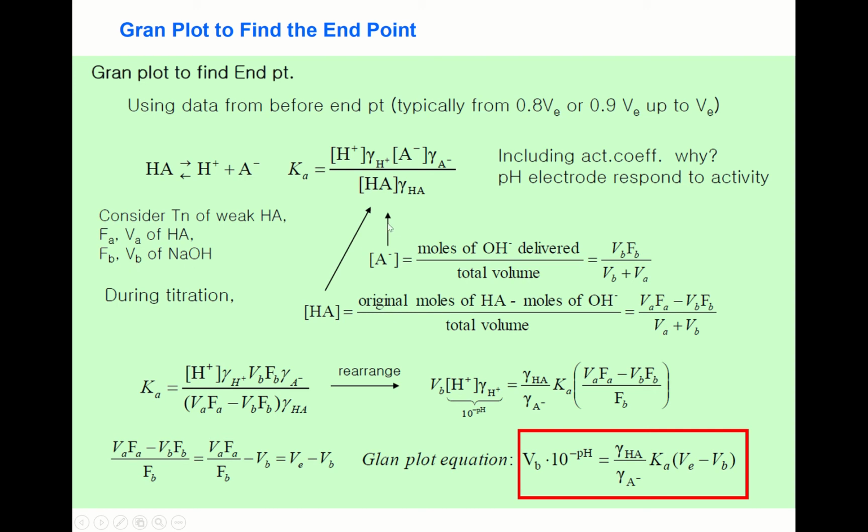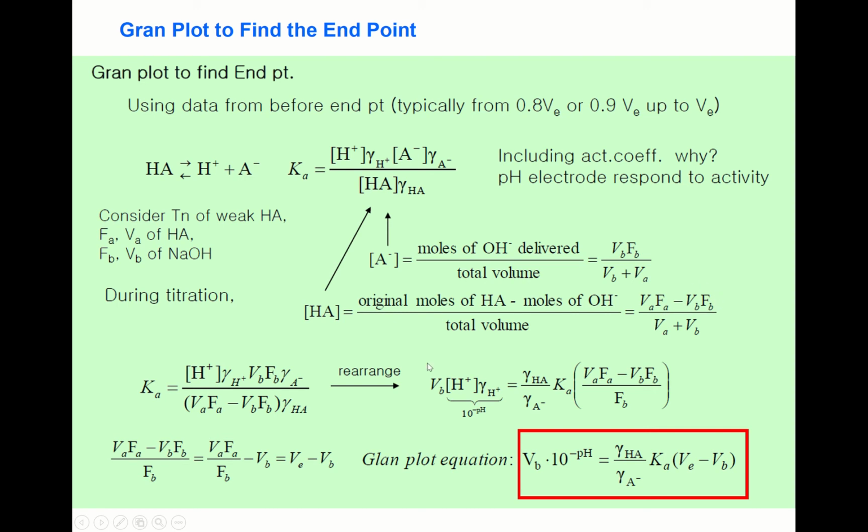Now here, from this equation, we write for A minus the ratio of moles of OH minus delivered divided by total volume. It can be expressed by this one, and the remaining HA concentration is what? The denominator is the same, but the numerator is the initial moles of HA minus added moles of base.